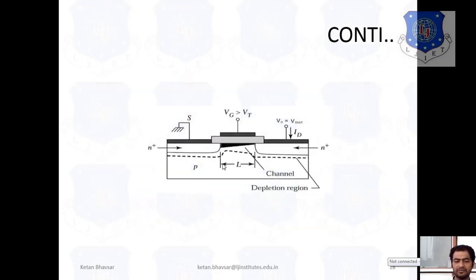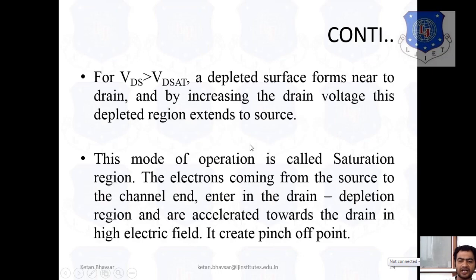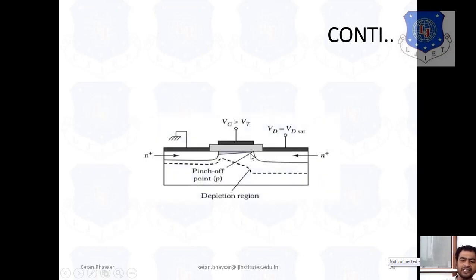After some time this ratio will be established because of the majority charge here. It will fetch all the electrons, so a thin layer is created over here, and after some time it creates a pinch-off point because the channel will break at this particular point if you increase VDS more and more and it reaches the VDS saturation value.